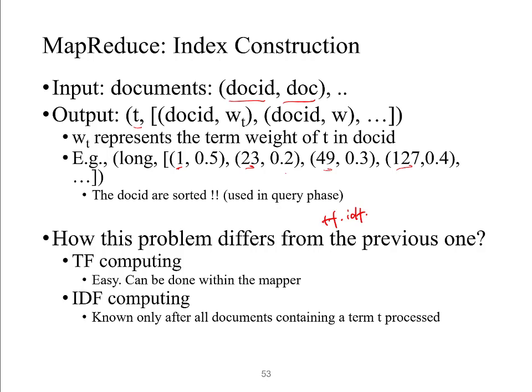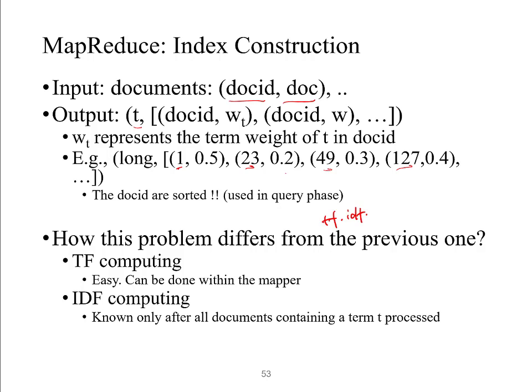So it is easy in a mapper: instead of simply constructing the posting list, we also add the number of times that this term occurs in this document.